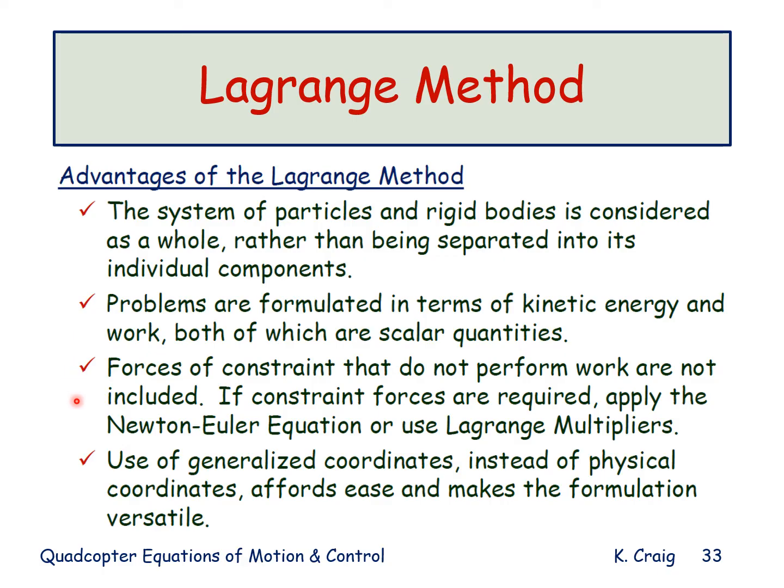Forces of constraint that do not perform work are not included. If constraint forces are required, apply the Newton-Euler equation or use Lagrange multipliers. The use of generalized coordinates instead of physical coordinates affords ease and makes the formulation versatile.